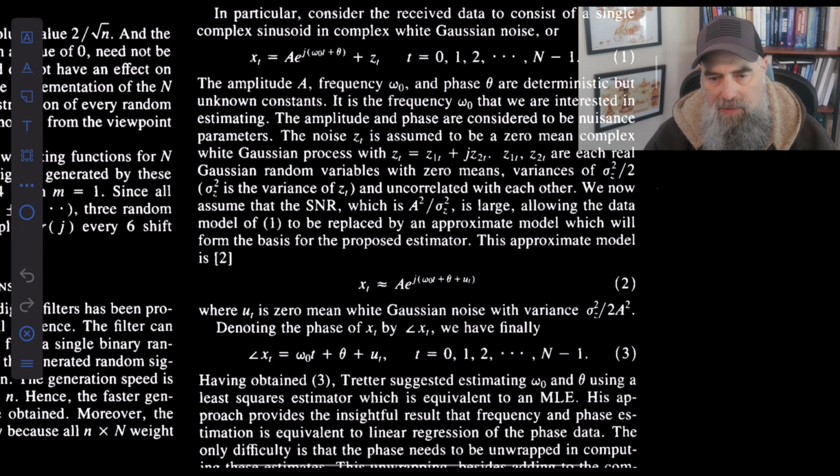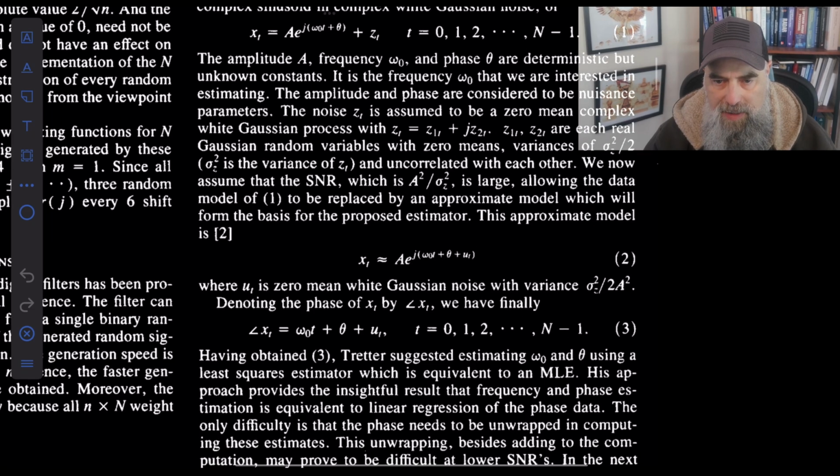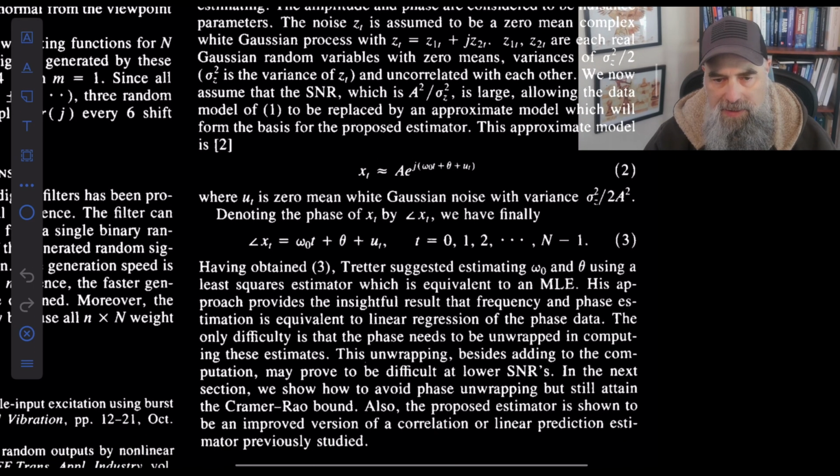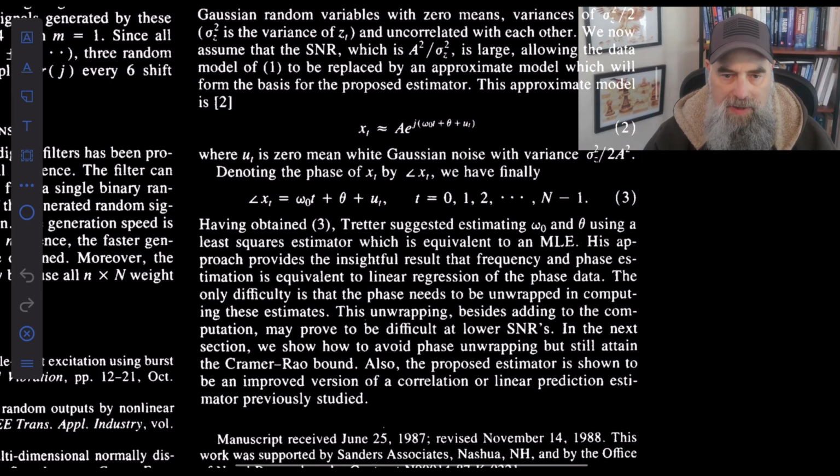And then once you do the angular operation, the arctangent operation, you extract this as is without the need to unwrap by using differential, or the difference between a sample at time t and a sample at time t minus 1. If you subtract between them, you will get two noises subtracted from each other, and you will get this omega 0 as a parameter that we need to estimate. Let's see that.